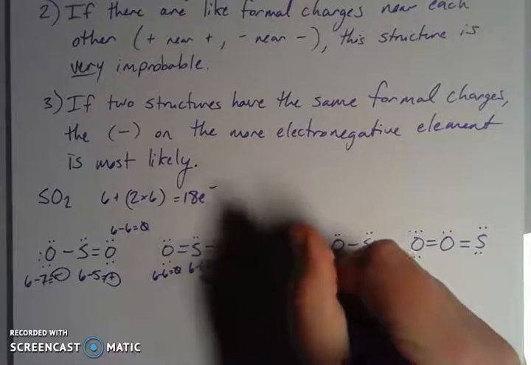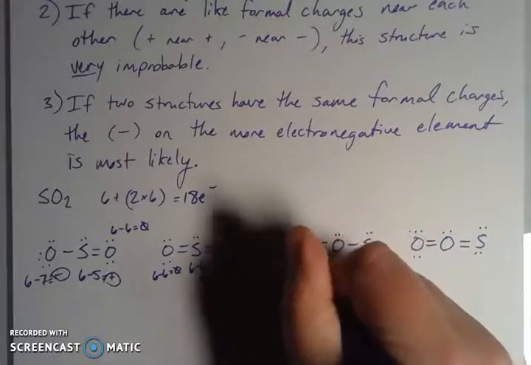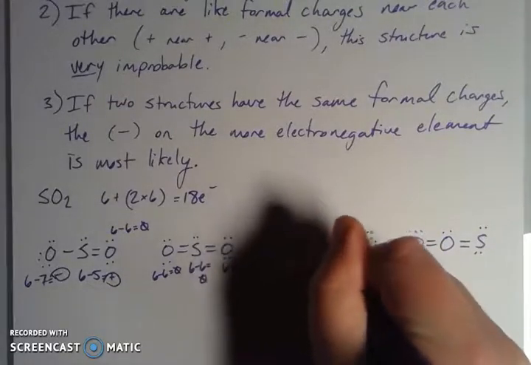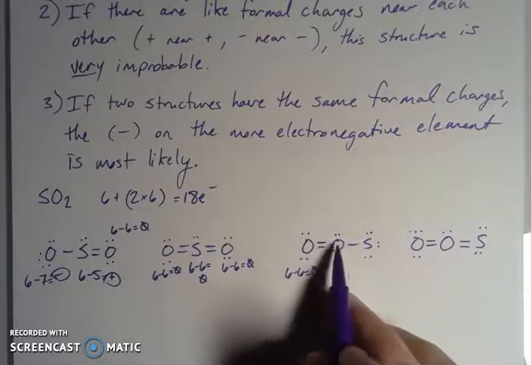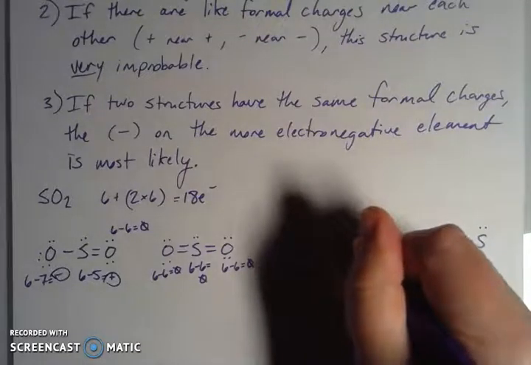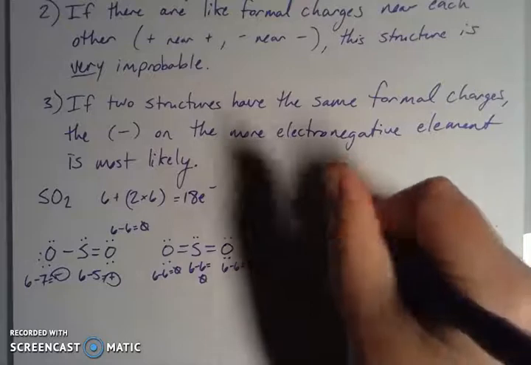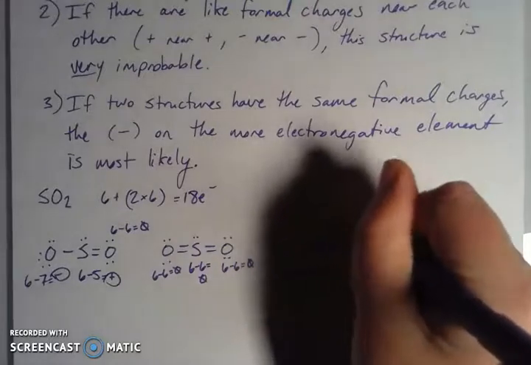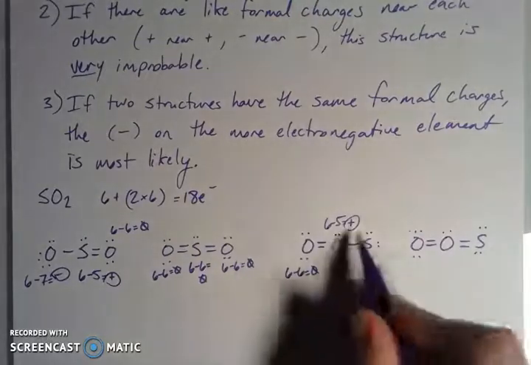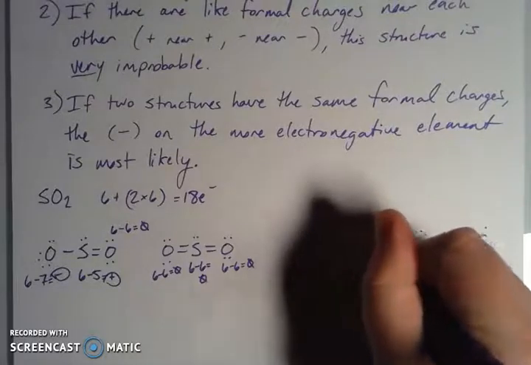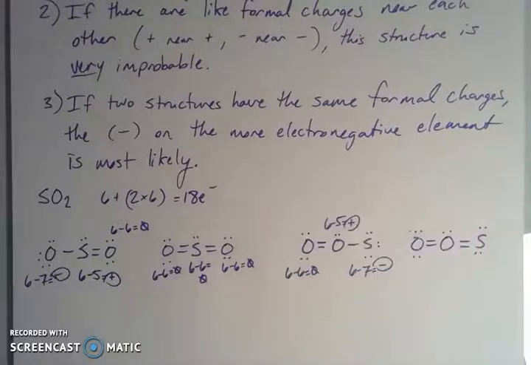Okay, let's do the same thing here. So has 6, wants 6, 2, 4, 5, 6. This one has 5, 1, 2, 3 from the bonds, but wants 6, so this guy has a +1. This one has 7, but wants 6, so that gives you a negative.